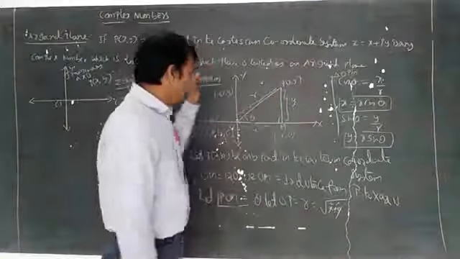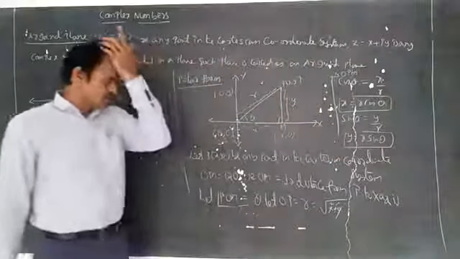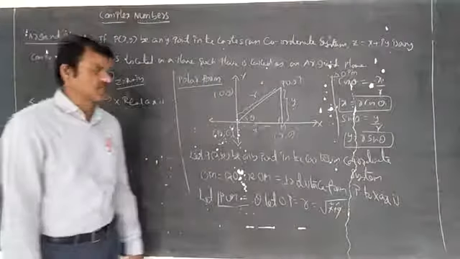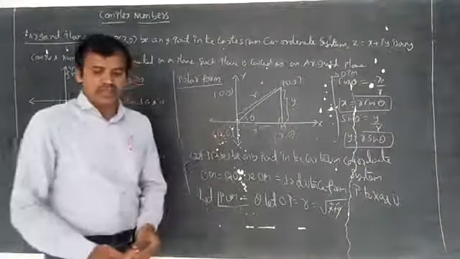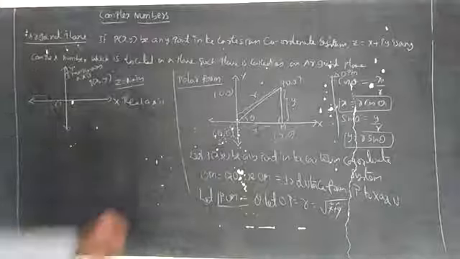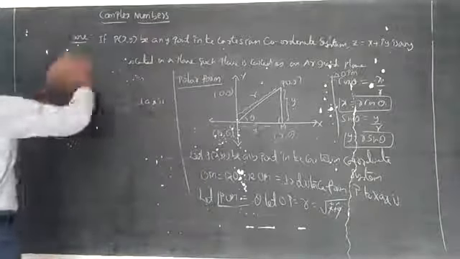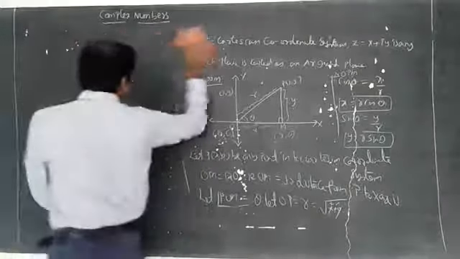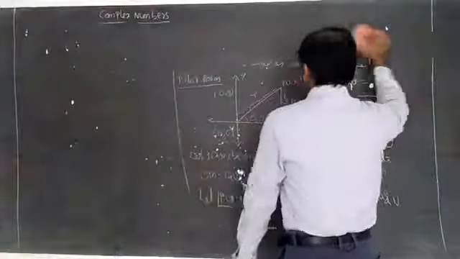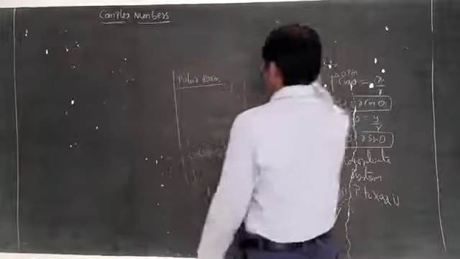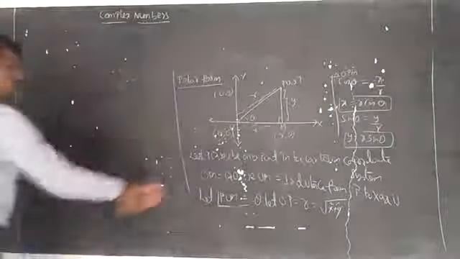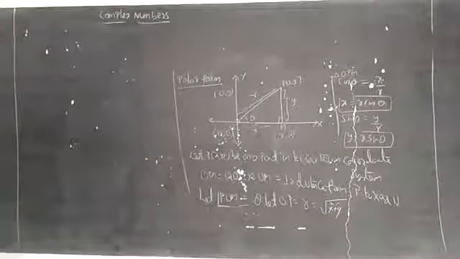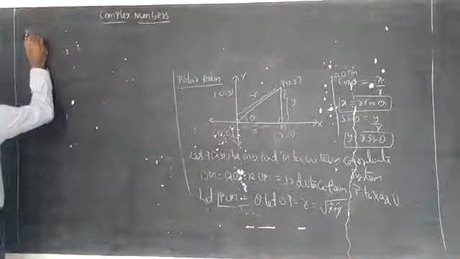Changing the name: whenever theta is there, wherever we are indicating the point with respect to theta, we can say that in the polar plane, let P(x, y) be notated as P(R, theta).